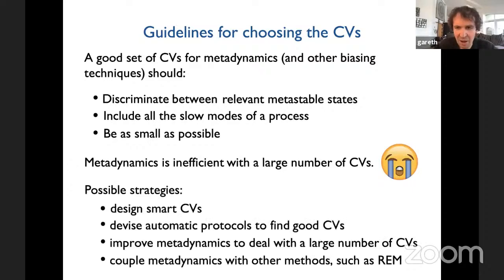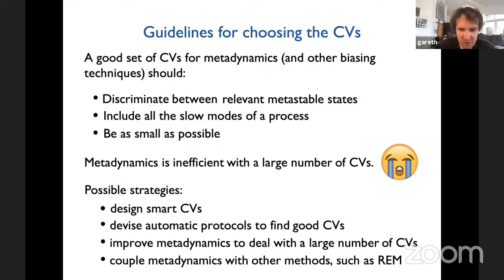So, as I said, if you've got a well-formed research question that you're trying to answer, you should be able to think of an initial guess for the CVs. If you're not able to do that, then you need to go back and rethink your research question. Now, having said that, there are ways that you can design smarter CVs.